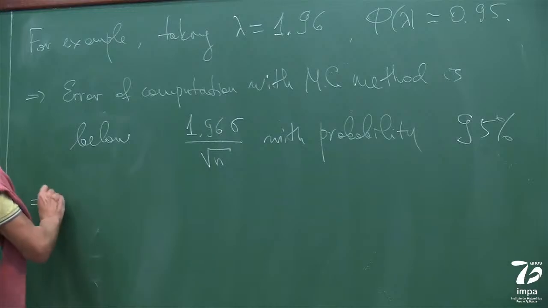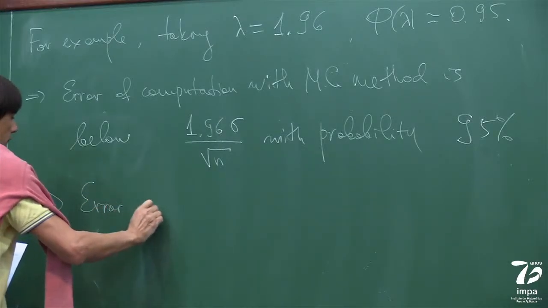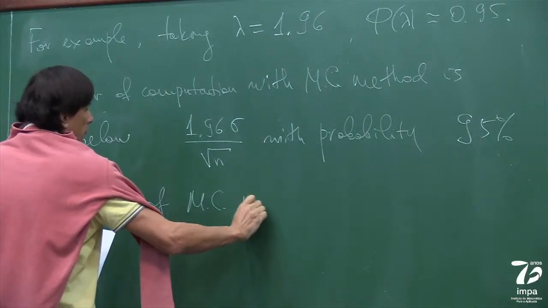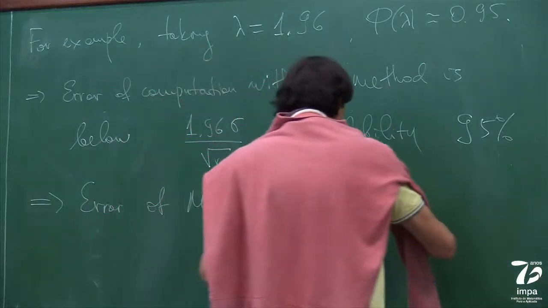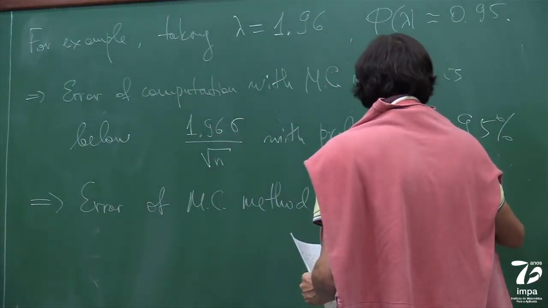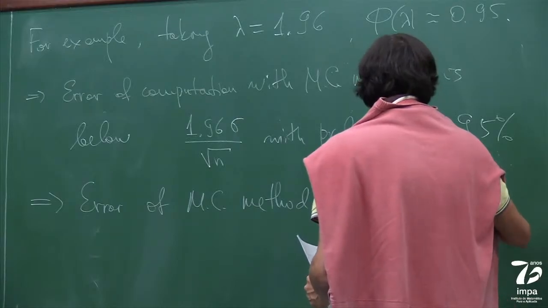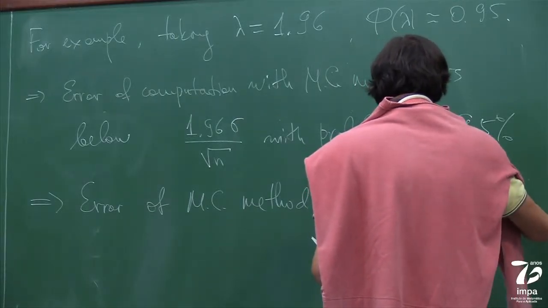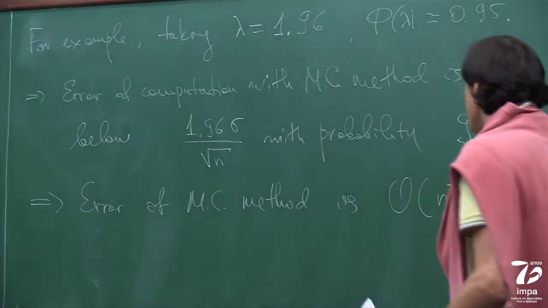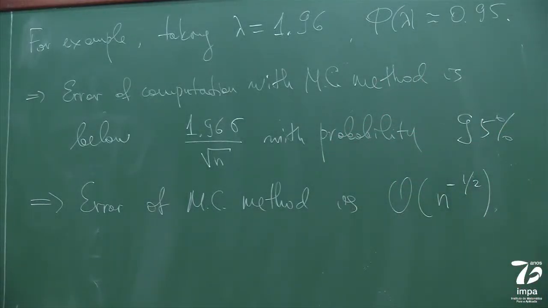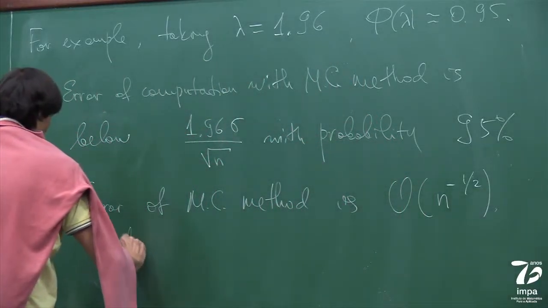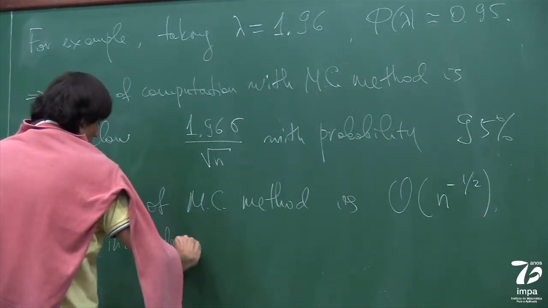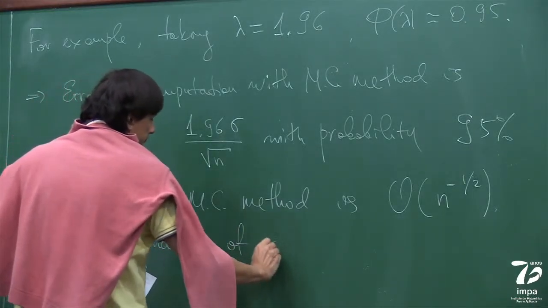So that means that the error of the Monte Carlo method is n to the minus 1/2. It's not such a big number, but you see that it is independent of dimension.